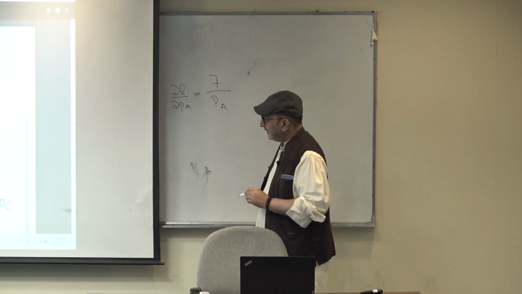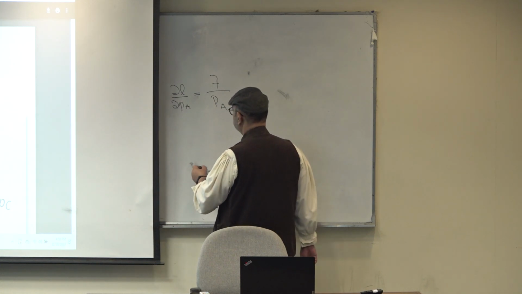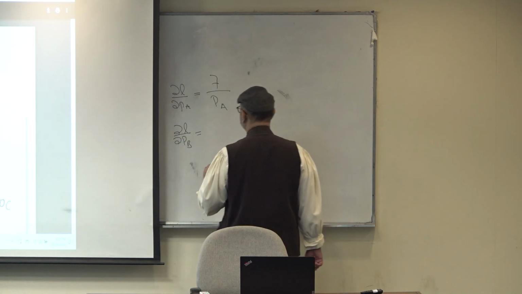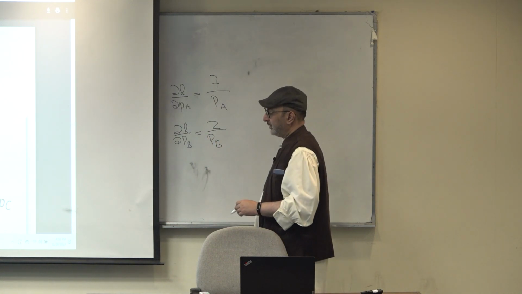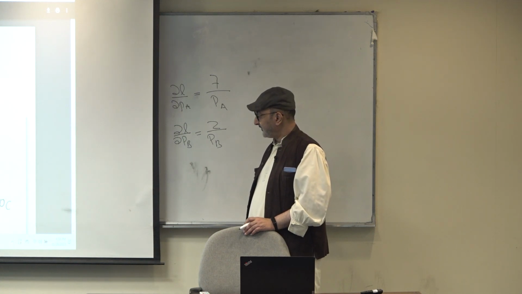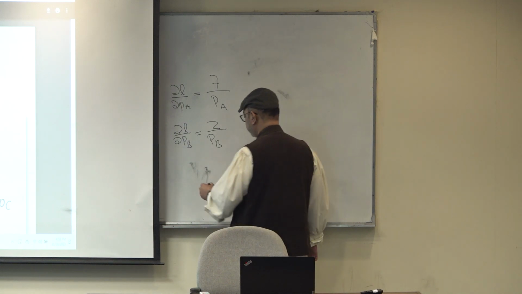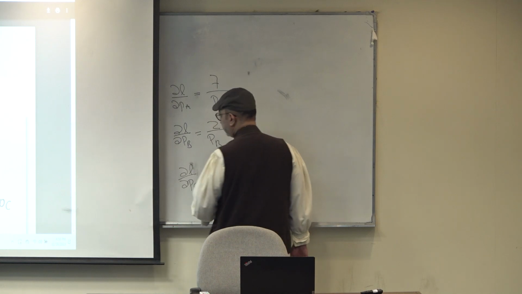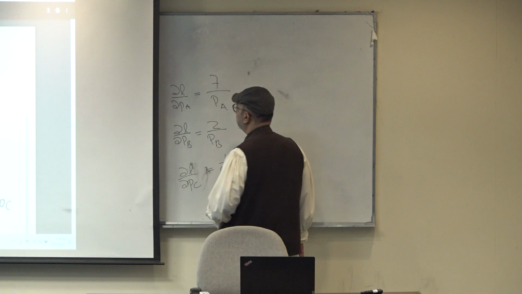Now you take the partial derivative with respect to p sub b. So the partial derivative of L with respect to p sub b is equal to 2 over p sub b. Then you take the partial derivative with respect to p sub c. So the partial of L with respect to p sub c is equal to 1 over p sub c.